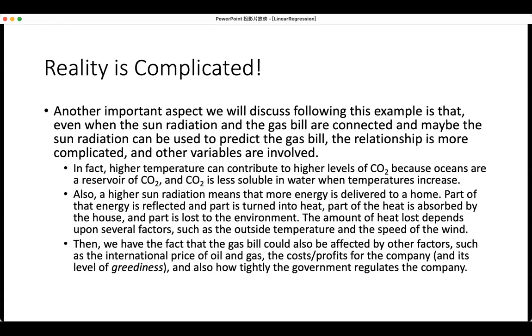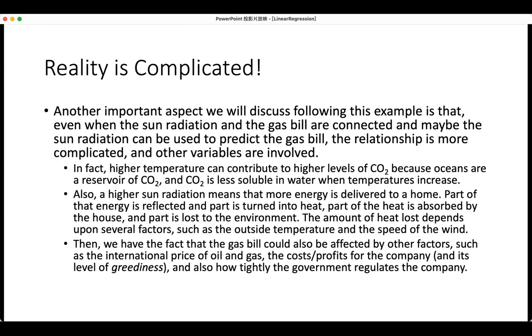The CO2 contributes to a higher temperature, right? But in fact, higher temperature will contribute to higher level CO2 as well, because oceans are a reservoir of CO2. Oceans store a lot of CO2.